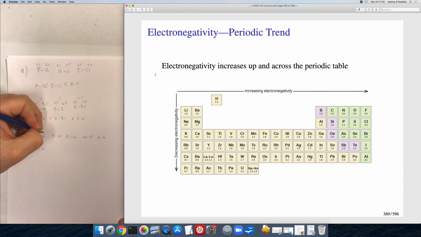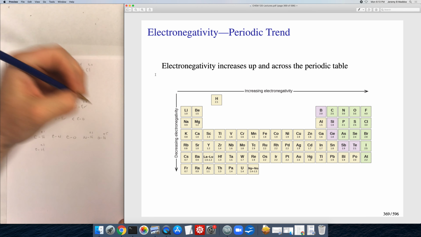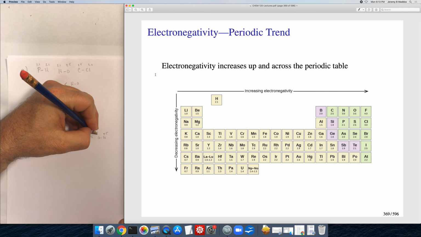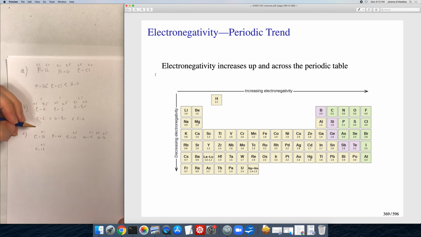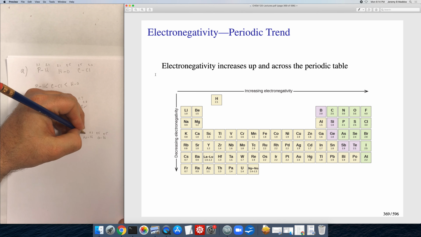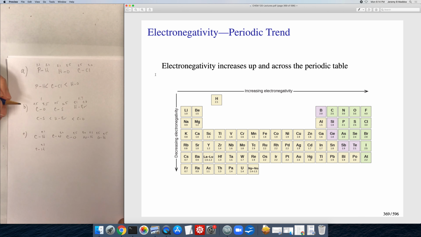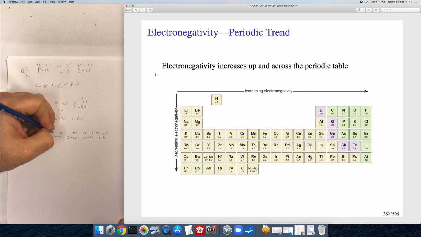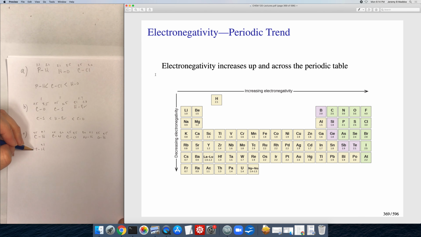Our hydrogens are 2.1, oxygen 3.5. Nitrogen is large as well, 3.0. Carbon was 2.5, and sulfur 2.5 as well.